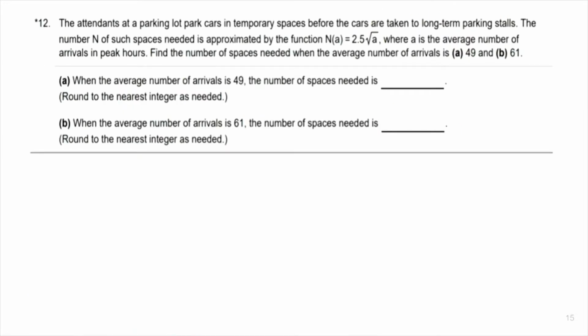So this one talks about some parking lot parked cars. The only thing we need to pull out is n of a is 2.5 times the radical a. They just want me to find the average number of arrivals when it was 49.